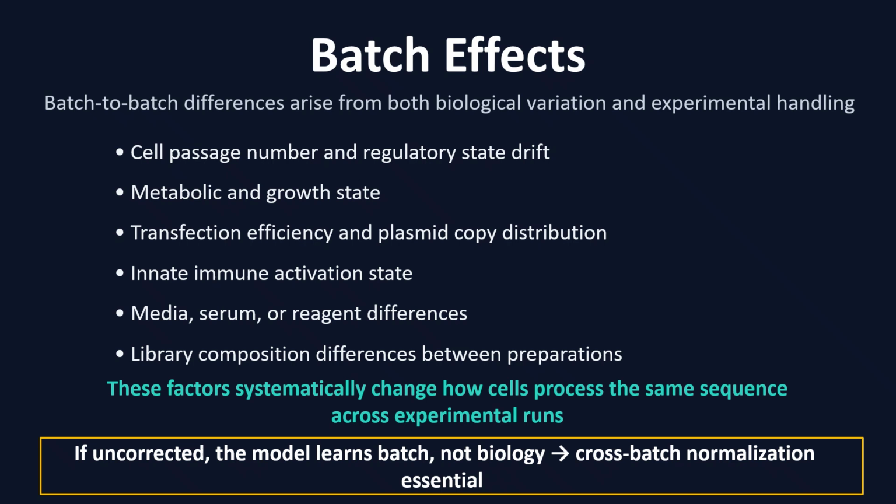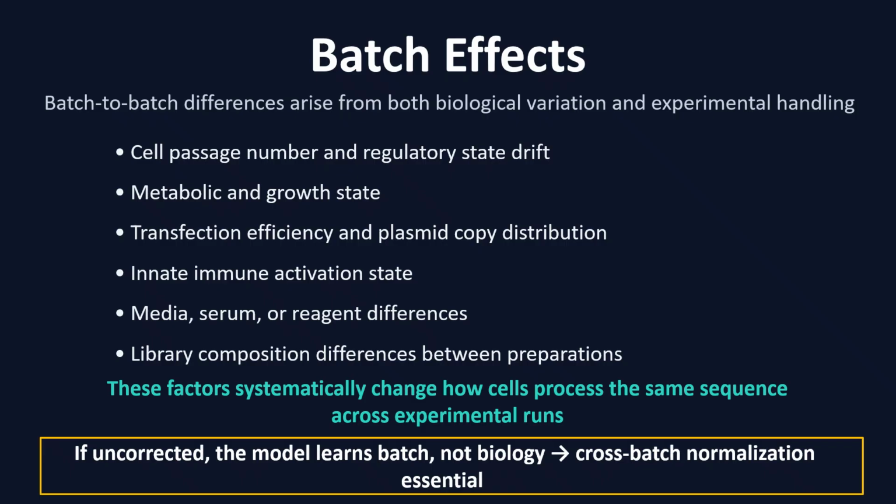So the key point is this: batch effects produce systematic shifts, not random fluctuations. The same sequence can produce different expression levels simply because the cellular environment has changed. This is why replicate structure, normalization, and careful experimental design are essential for interpreting data reliably.